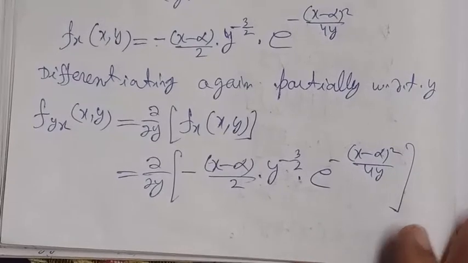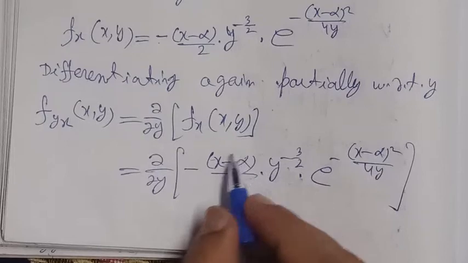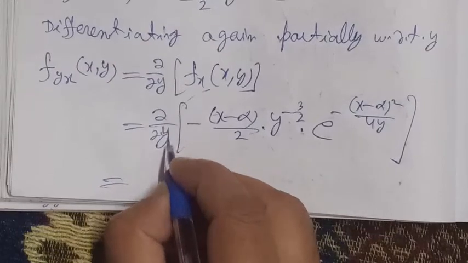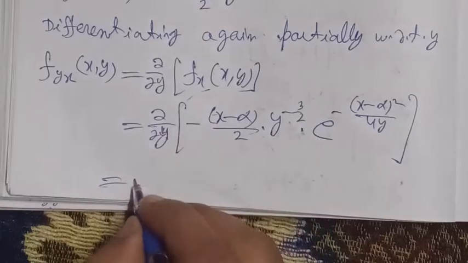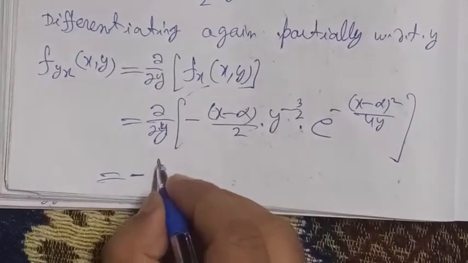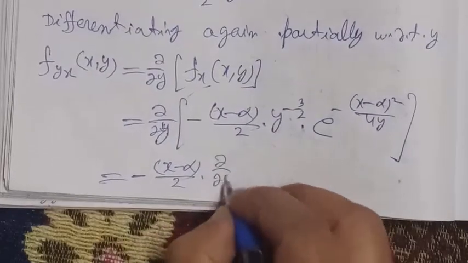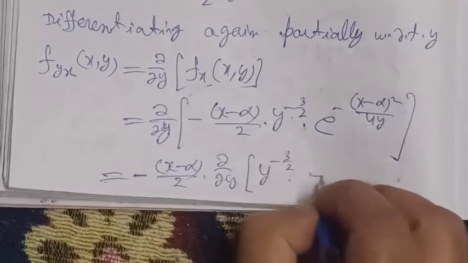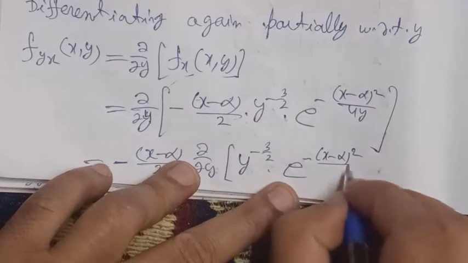Now we have to differentiate this value, but we see that this is constant for y, because for y, x is constant, and because this is partial differentiation, I can take out this value (x minus alpha) upon 2. Only we have to differentiate y to the power minus 3 by 2 into e to the power minus (x minus alpha) whole squared upon 4y.